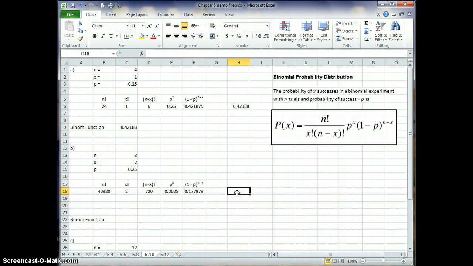And so now I can go over here and do that same kind of calculation again. In fact, if I just copied this formula and put it right here, it'll give me that number.